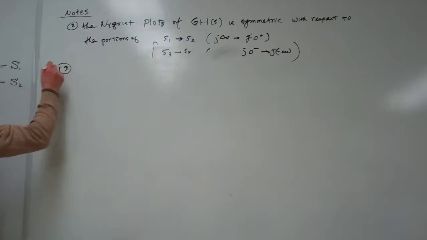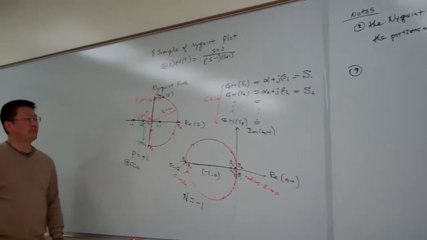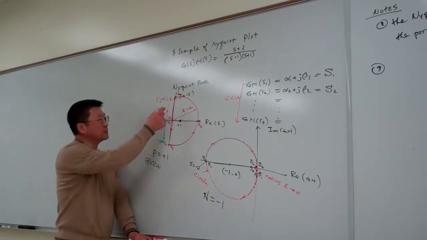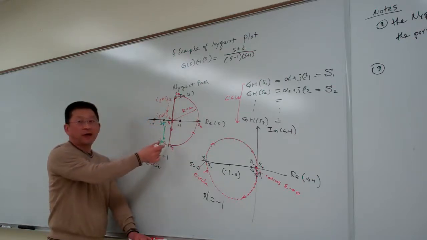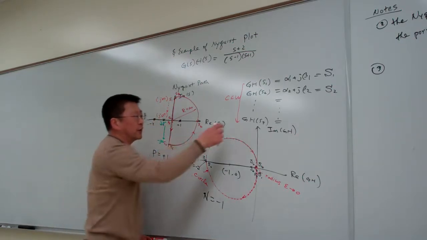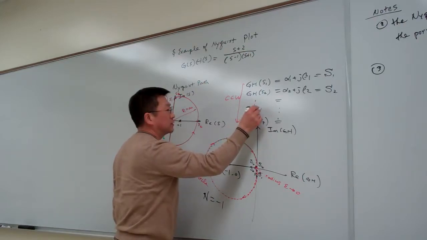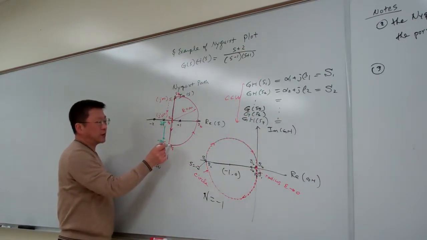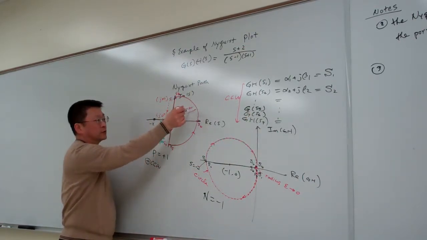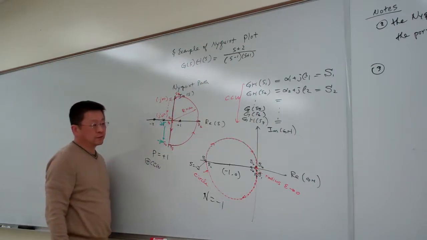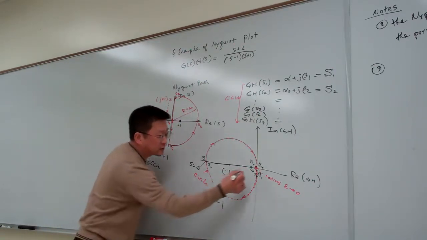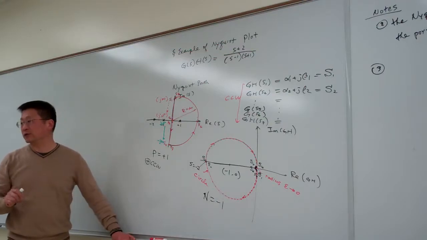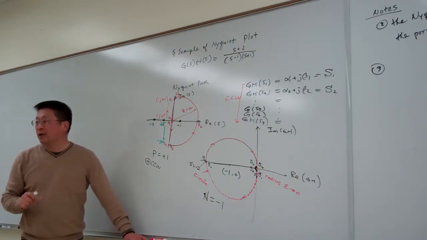The third one is this. Right now we've been taking care of all the drawing on the imaginary axis, and all the sampling points, in particular S5, S6, S7. These three points are located on the semicircle with radius equal to infinity, and the corresponding plot is this small semicircle very close to the origin.